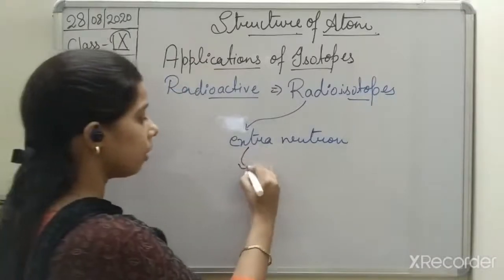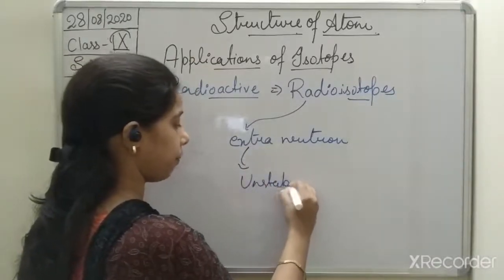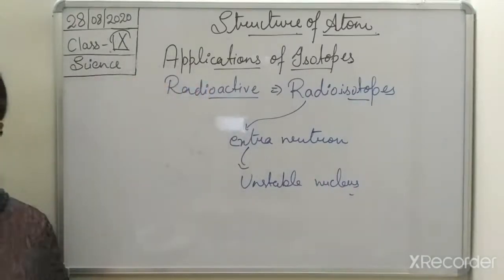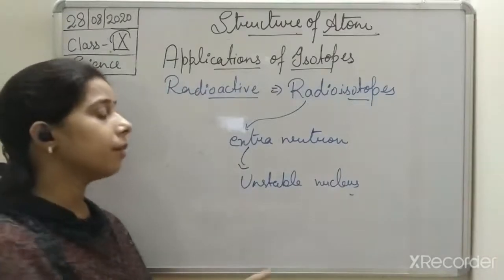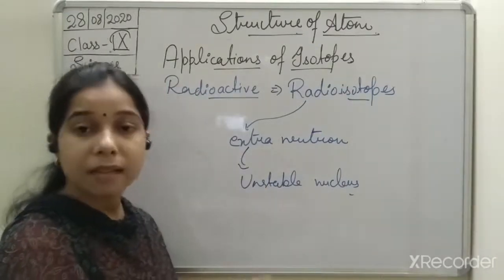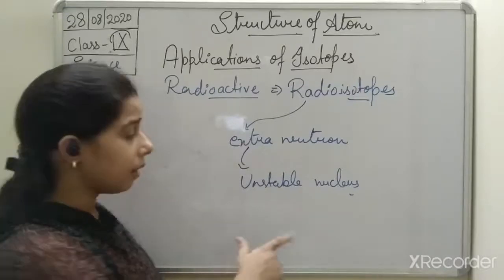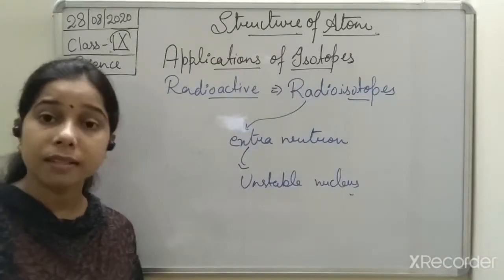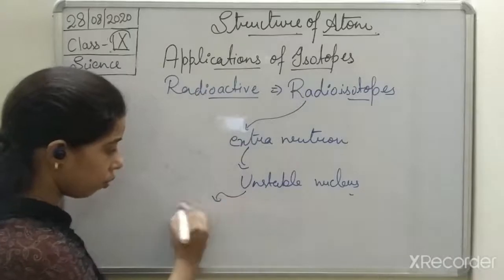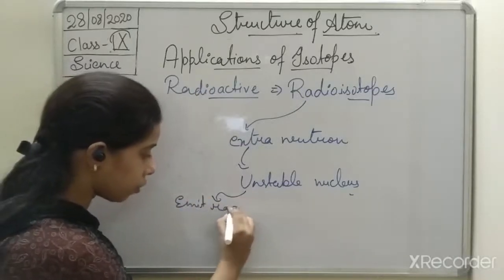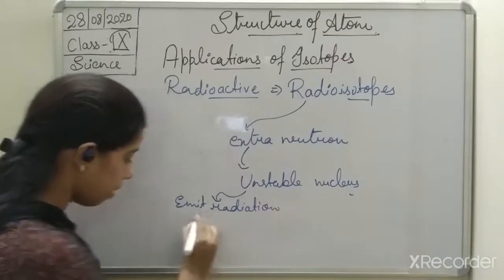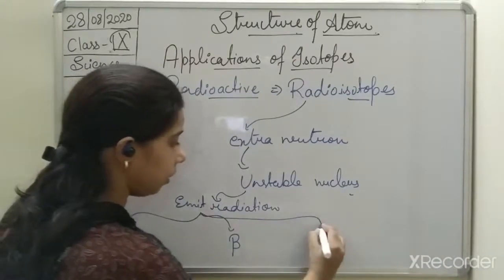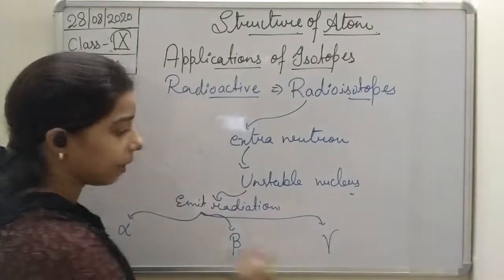Since they have an extra neutron, they have an unstable nucleus, and due to which they start emitting radiation. These radiations are alpha, beta, and gamma. Alpha, beta and gamma radiation.